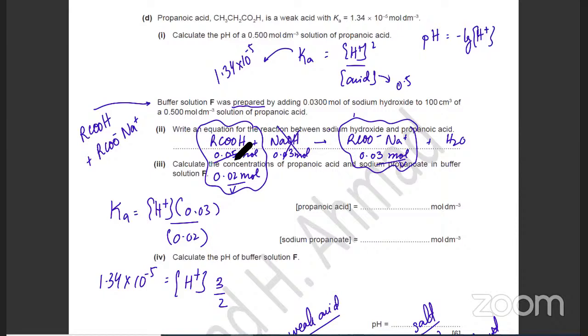It was 0.05 moles, right? And the NaOH that was added was 0.03 moles. So it's 1:1. So 0.03 will react with 0.03 of this. So 0.05 में से 0.03 गए तो पीछे कितना रहेगा? That's going to be 0.02, right?